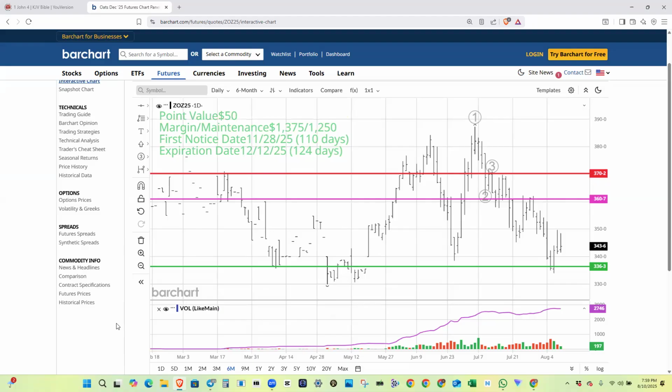So we're leveraging our money in these contracts to either make money going up or going down. If we're going up, we bought first and sold later. If we are selling, we sell first and buy back later. That's the whole concept that we're trying to get you to understand tonight.